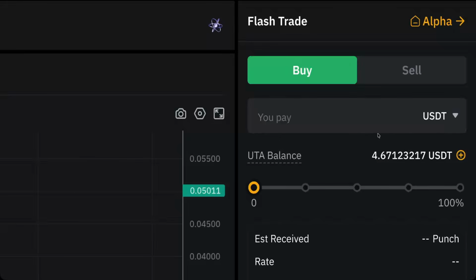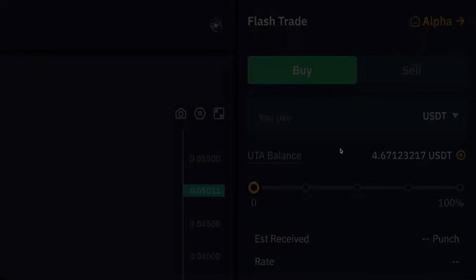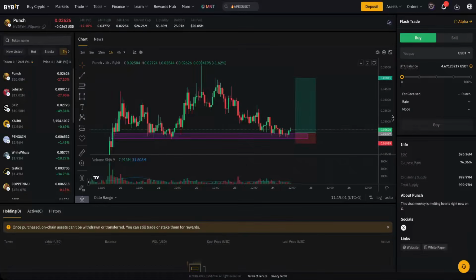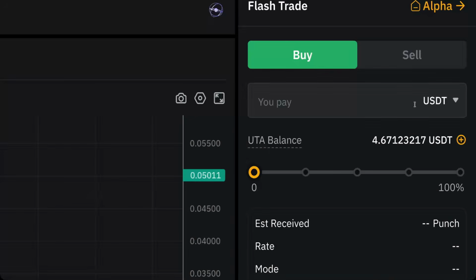So any of these that you have, you go ahead and transfer it. Just have the funds inside your unified trading account. So you click on the plus button right here, and this dialog box pops up, and you can transfer from your funding account to your unified trading account, and that money will be reflected right here, and that is what you are going to be using to buy and sell this token.